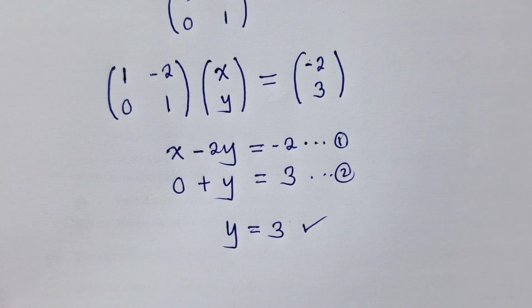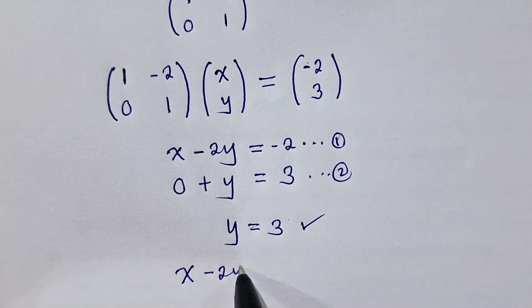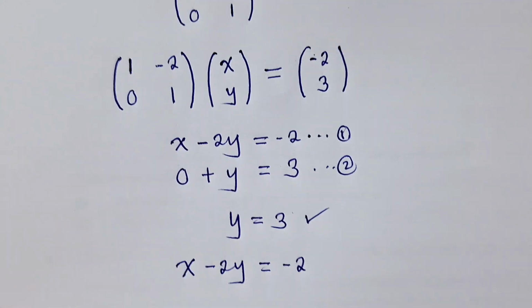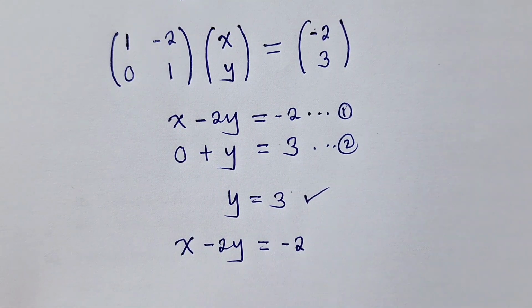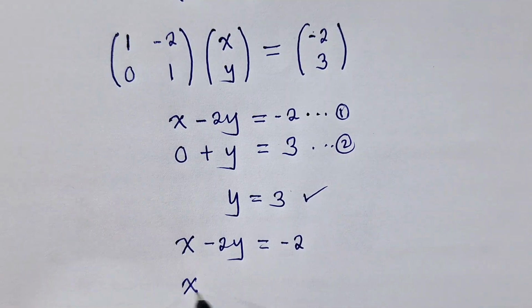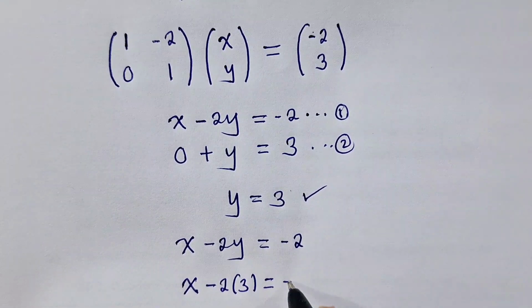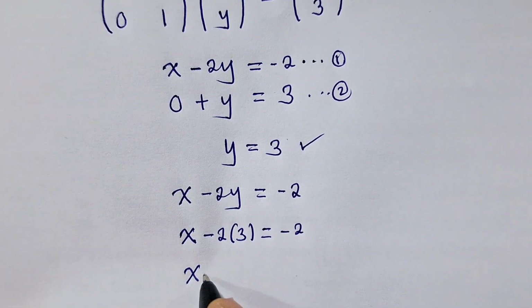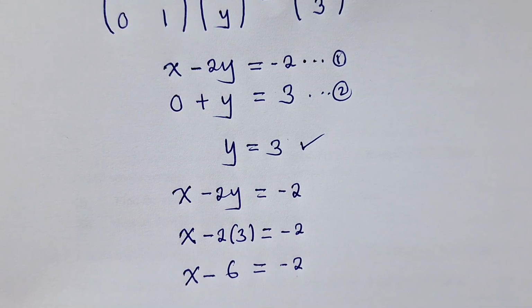The value of x now: we get x plus 2y is equal to negative 2, the other equation. In that equation, where there is y, we substitute 3. It will be x minus 2 times 3, which is equal to negative 2. We simplify, this will be x minus 6, which is equal to negative 2.